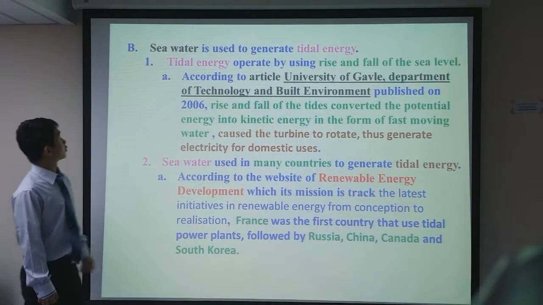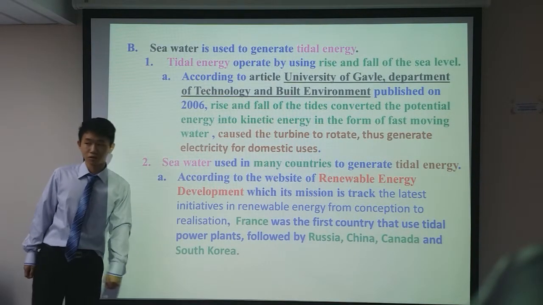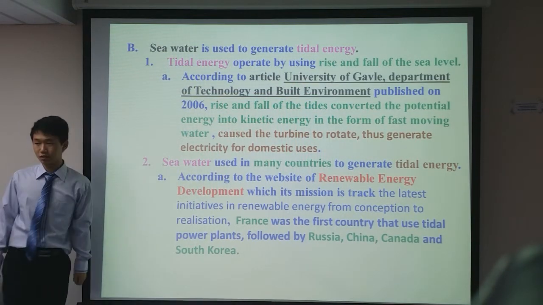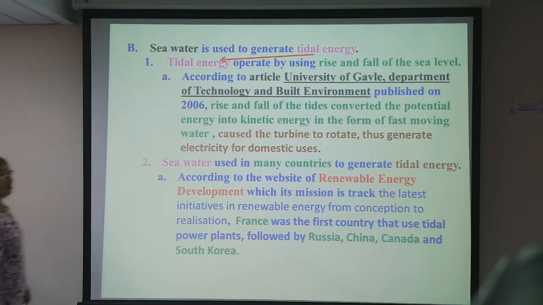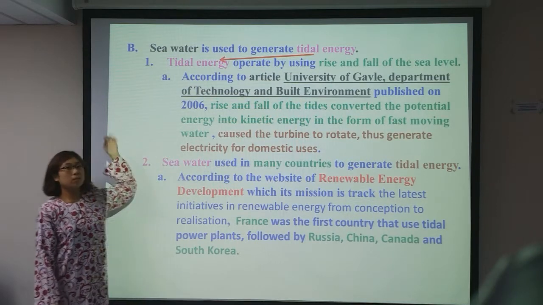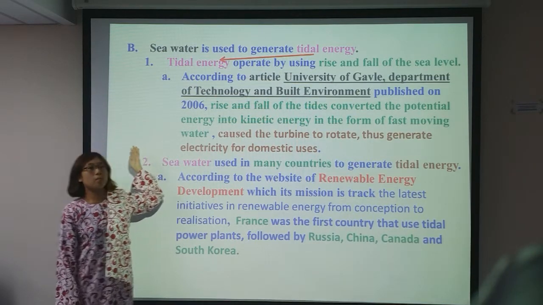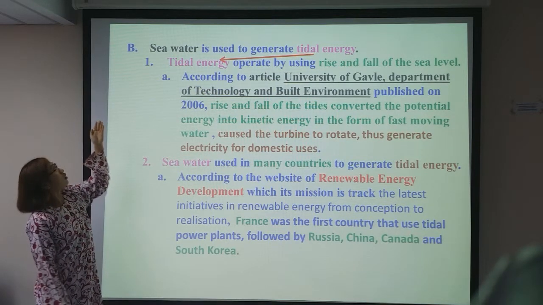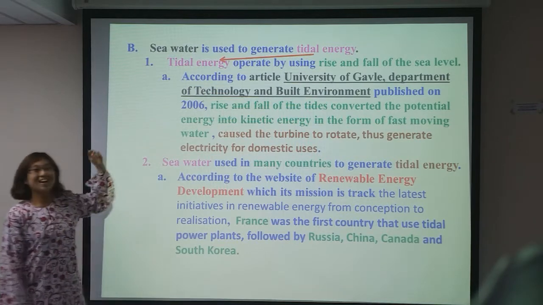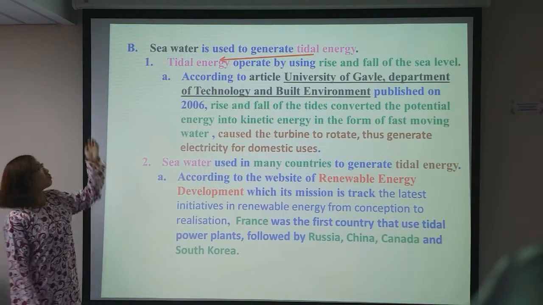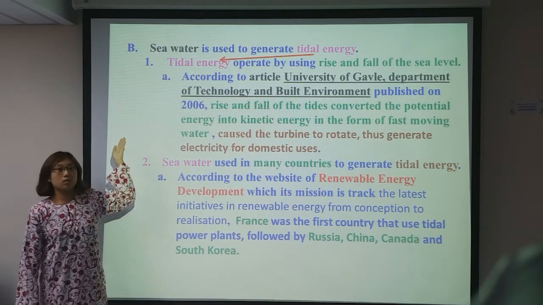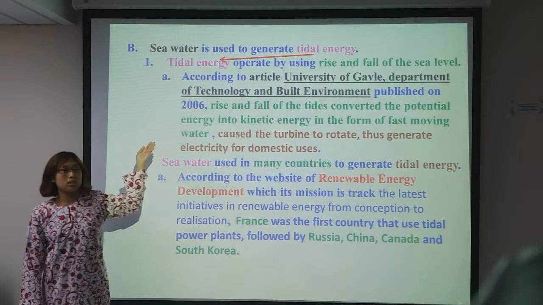Next. Okay, now I pass to my last group member to discuss seawater being used to generate tidal energy. Hi everyone, I will explain capital letter B. The capital letter B will be our second main point. Its topic idea is seawater and its controlling idea is tidal energy.